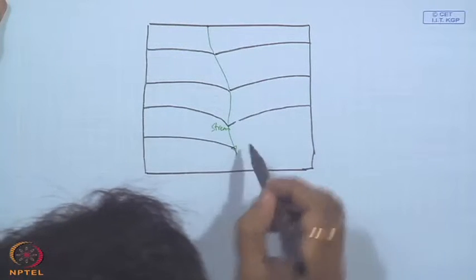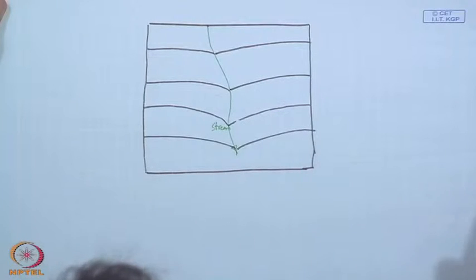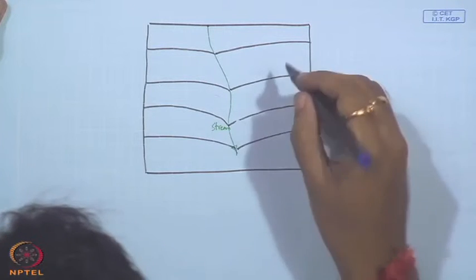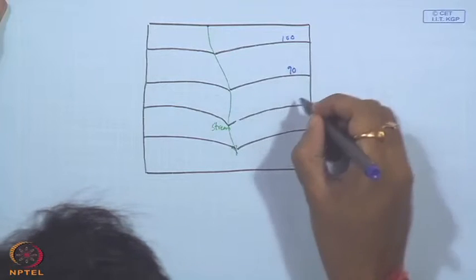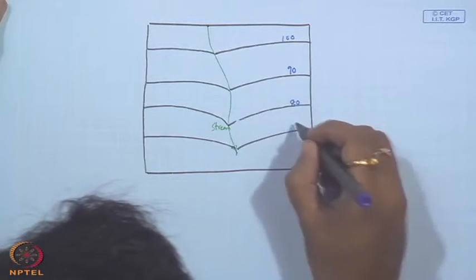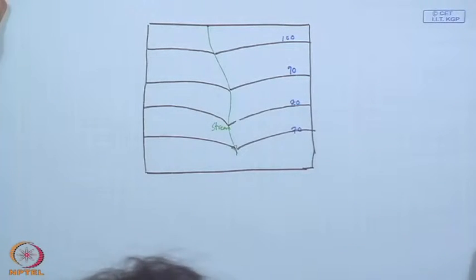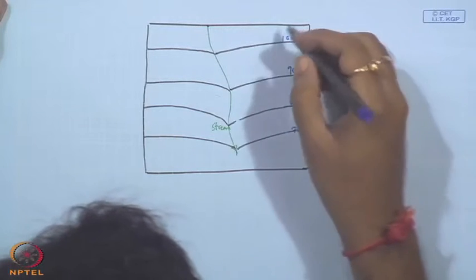We have this 100, 90, 80, 70 water table contours.